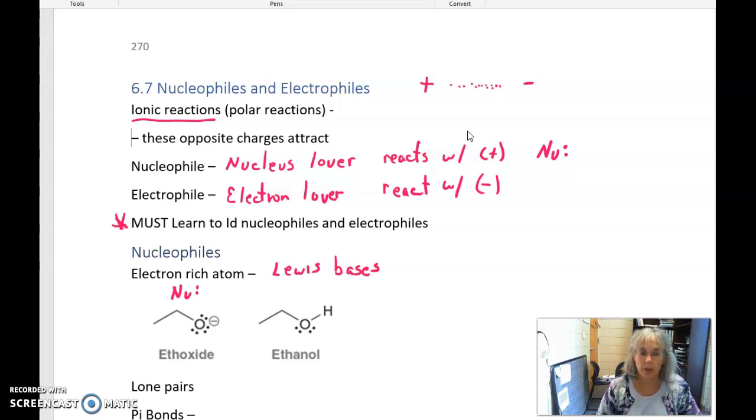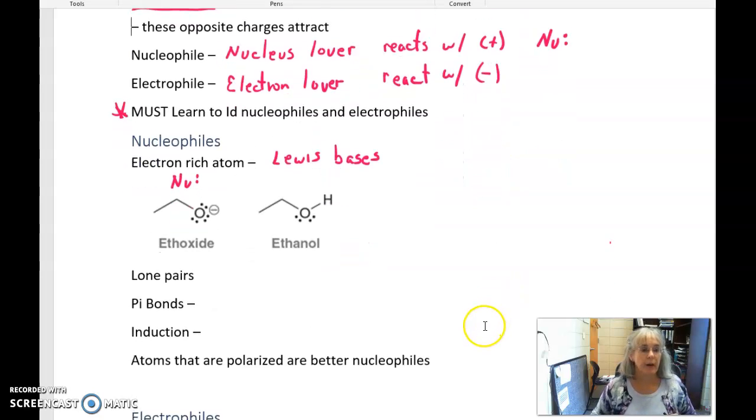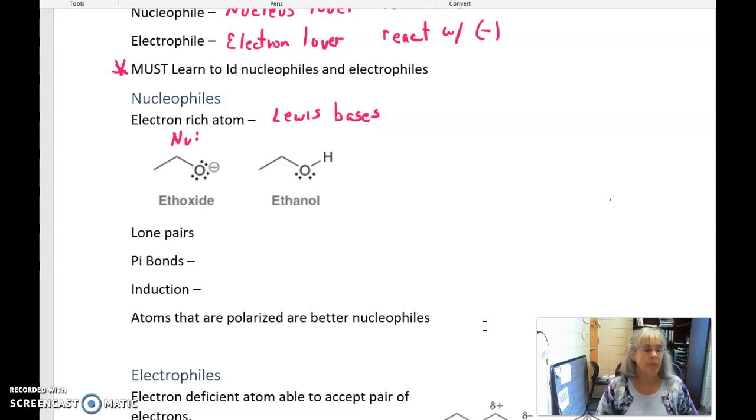And we have lone pairs on ethanol also. So you will find nucleophiles where you have lone pairs like this. You will find nucleophiles where you have pi bonds. That would be a nucleophile where you have that pi bond.